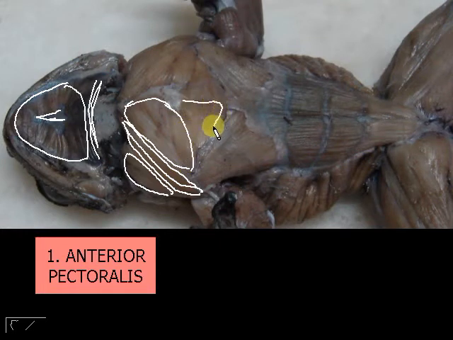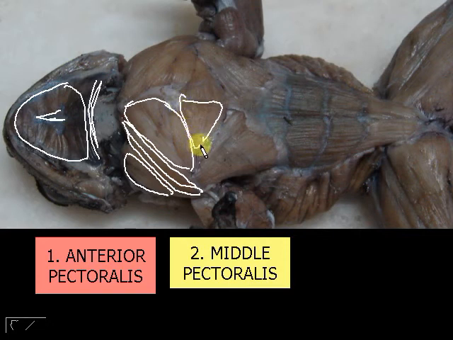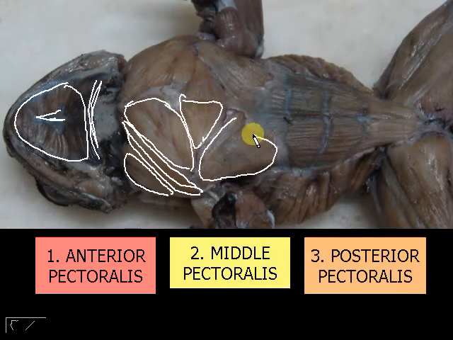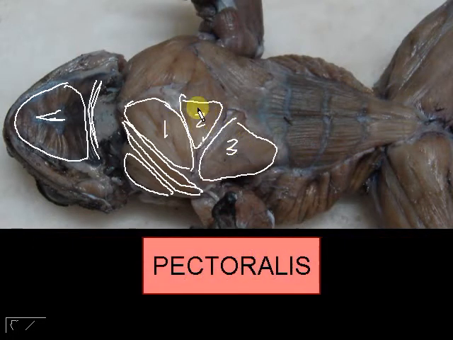This one would be your middle pectoralis, and these ones would be your posterior pectoralis. So 1, 2, and 3. 1 is the anterior, 2 is the middle, and 3 is the posterior pectoralis. They form your pectoralis muscle, the pecs, the chest muscles.